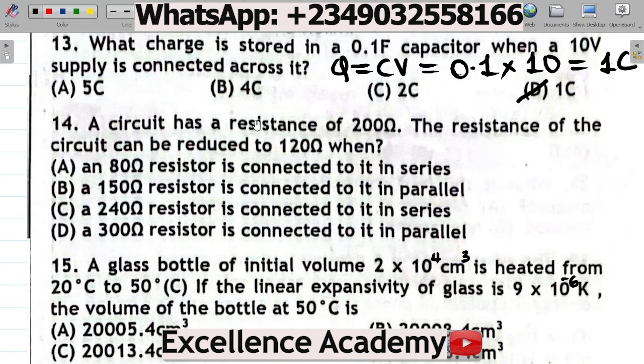Now, the first thing you want to note here is that if you want to reduce the value of resistance, what you have to do is connect another resistor in parallel.